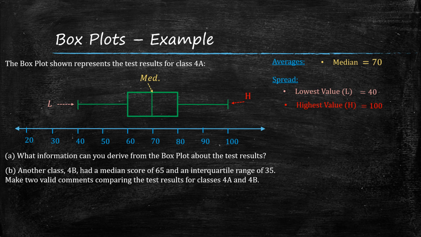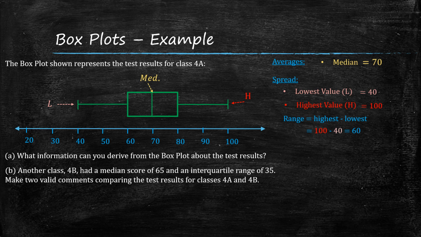So if we have the lowest value and the highest value for a data set, we can calculate the range. The range is the highest value minus the lowest value, so that's 100 minus 40, so that's equal to 60. Okay, so we pulled out the lowest value from the box plot, we pulled out the highest value by reading the box plot, and then we used those values to calculate the range.